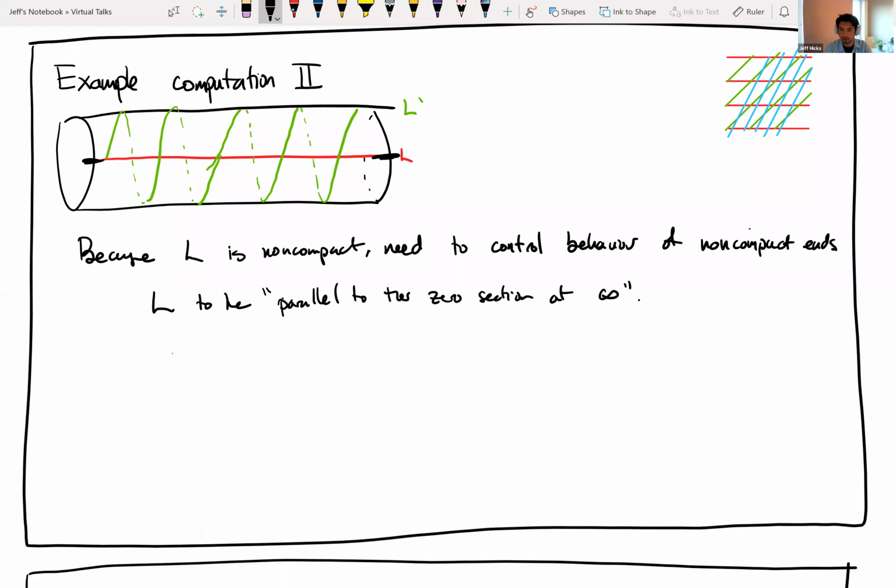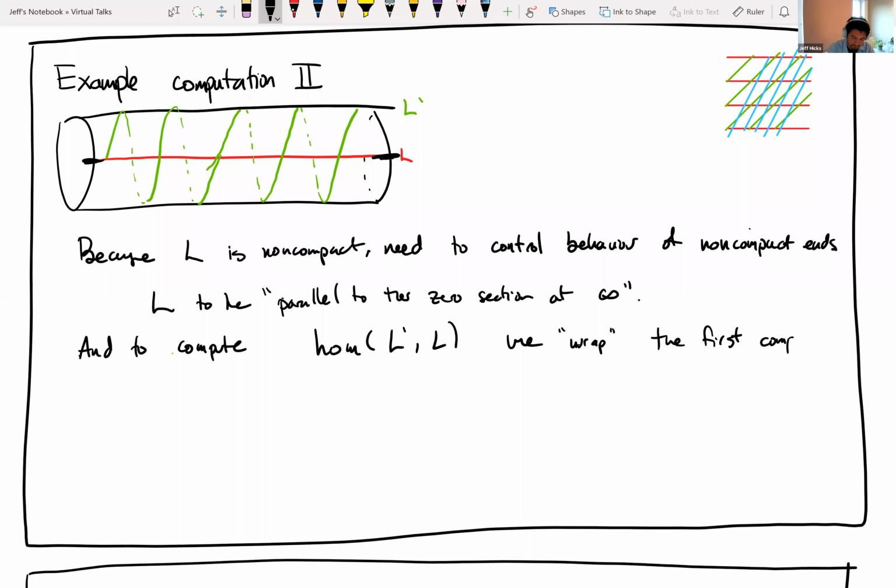But to compute their Lagrangian intersection Floer theory, I'm going to do a very funny thing. I'm going to take one Lagrangian and wrap it as it goes off to the ends. And to compute Hom between L, L prime, we wrap the first component.